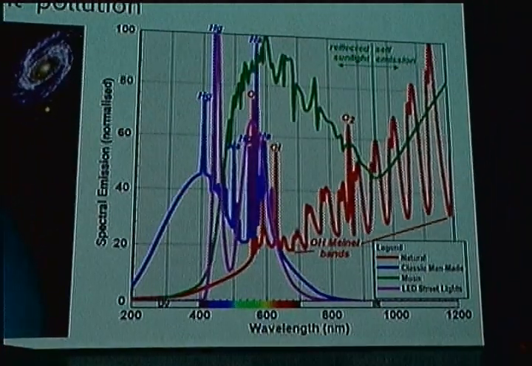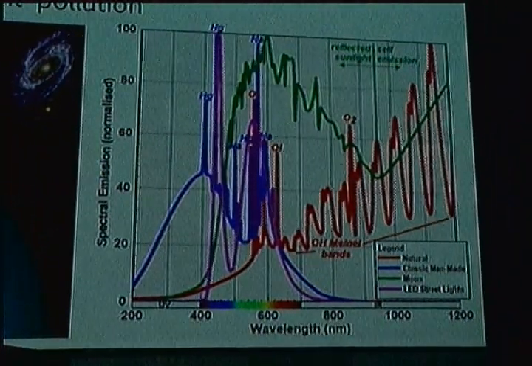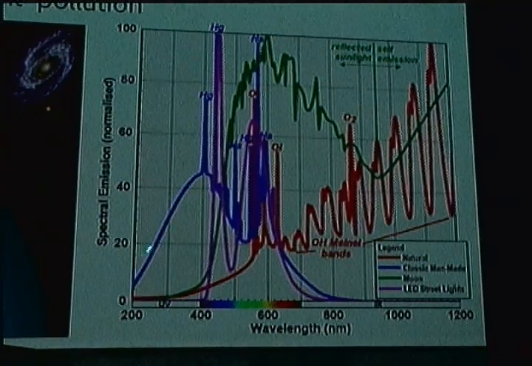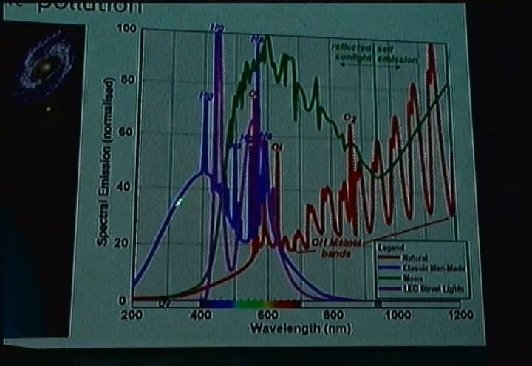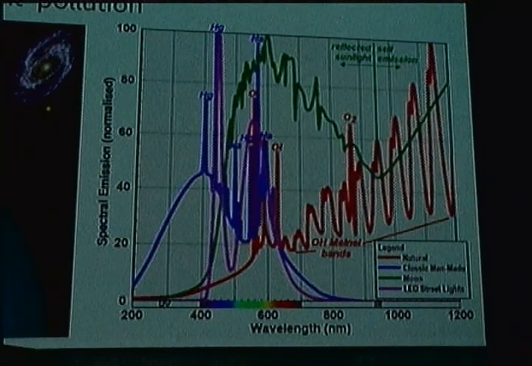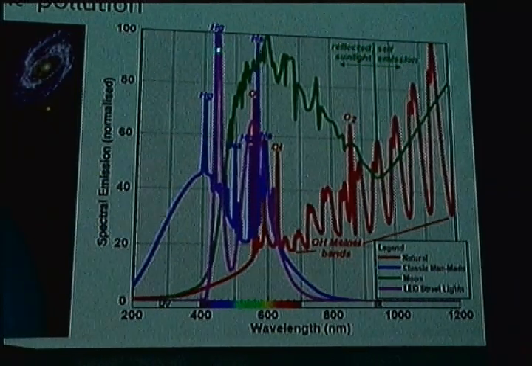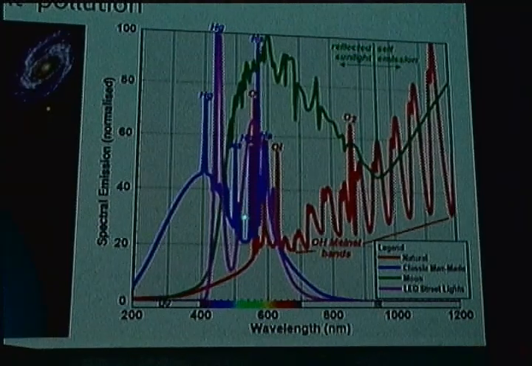To give you sort of a better idea of what we're dealing with here, this graph on the right gives us a little bit more information about what the characteristics of each of these different light sources are. So the typical or historical man-made light is a combination of both broadband light, so this is the blue curve here. See, there's kind of a broad spectrum emission on top of these individual spikes of emission.